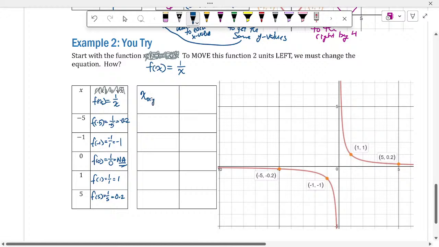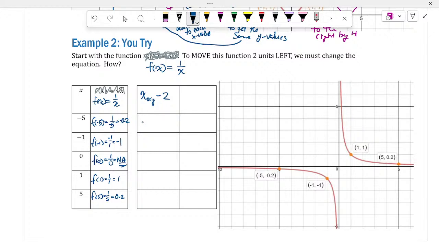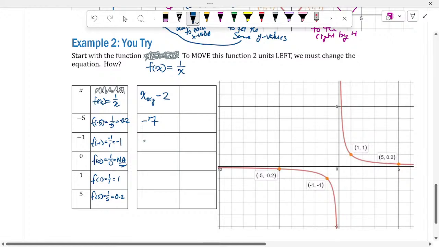Subtract 2. We're going to take the original x value and subtract 2, which means where is this one going to live now? -7. And this one? -3. This one? -2. This one? -1. And this one? 3.